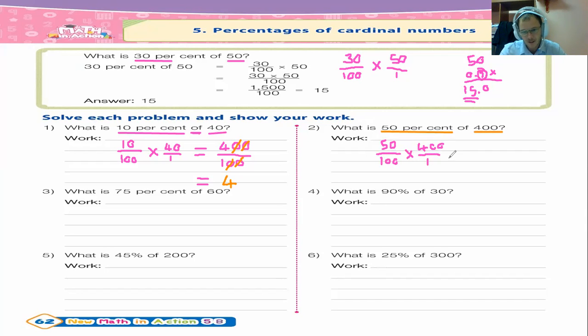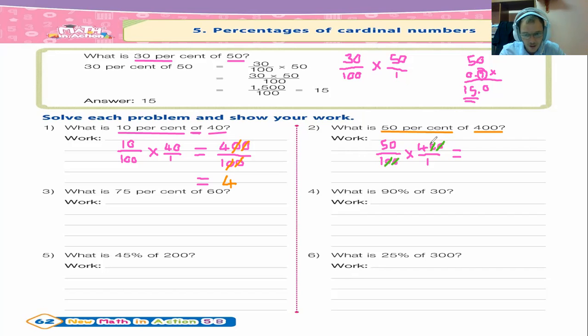Okay, and this will be, we can either multiply the 50 times 400 or we can simplify the numbers. How do we simplify? We eliminate the 2 zeros here and 2 zeros here. Very simple.